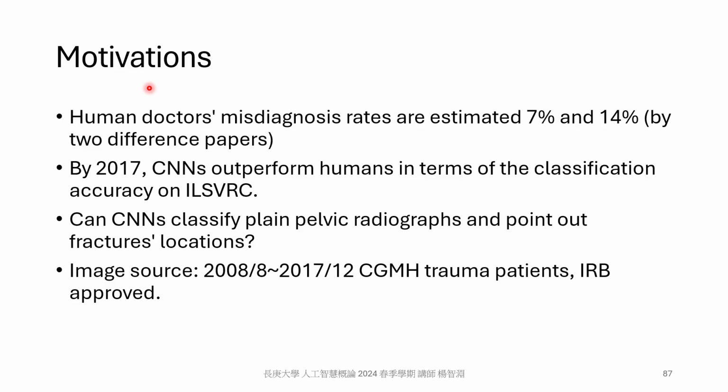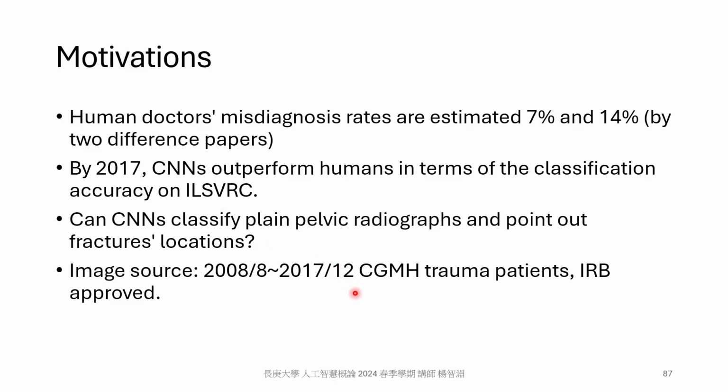So they wanted to know if they apply the same method to medical images, whether they can generate very good results. They started their research in 2017, and the images they used are X-ray images from Chang'an Memorial Hospital.